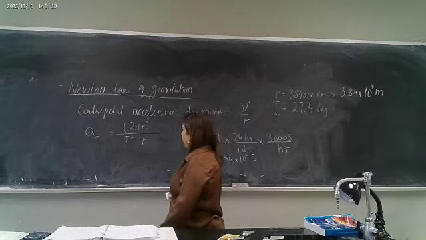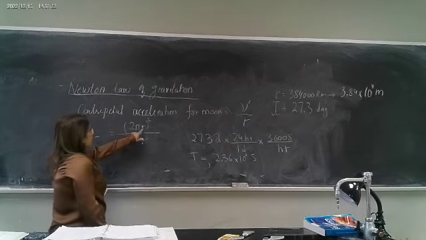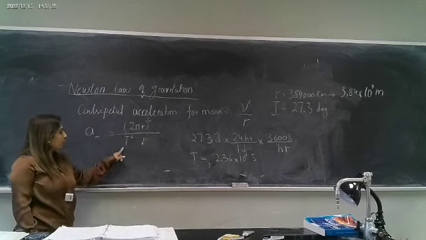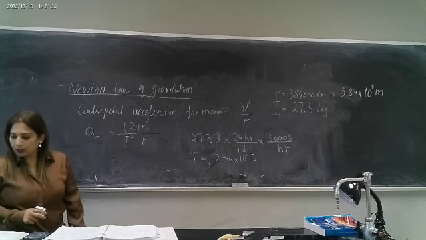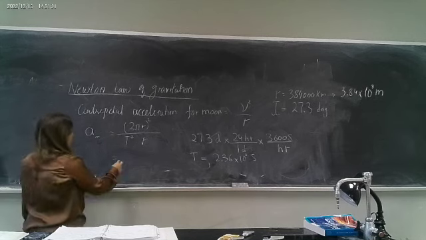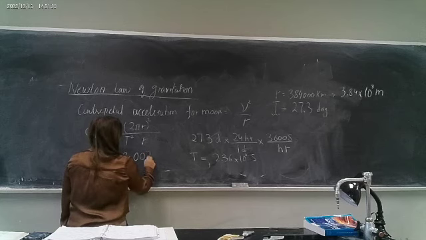So now we have all these physical quantities in the correct set of units. We can plug those in, and the number we will get is 0.00272 meters per second squared.